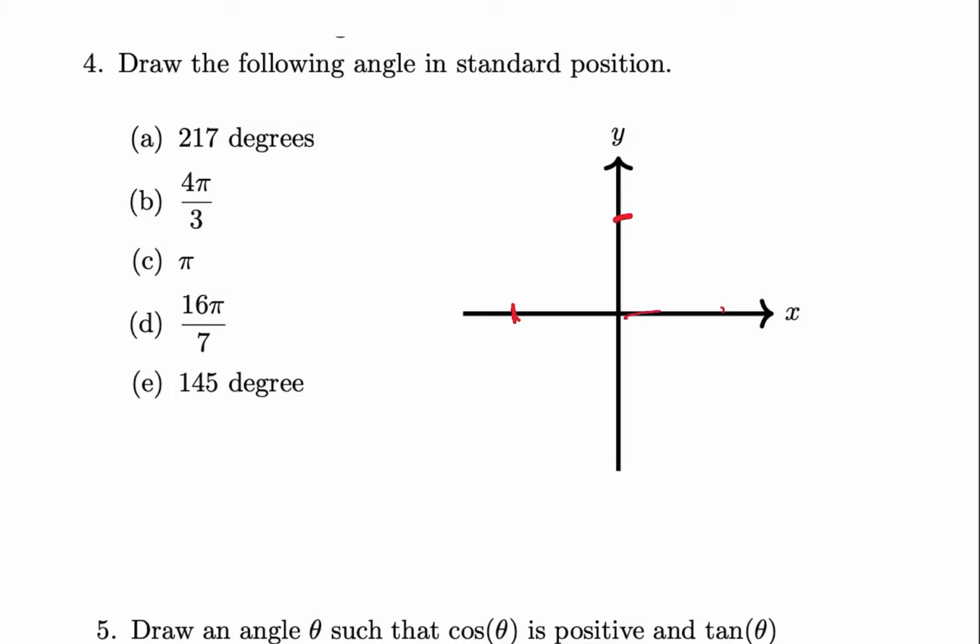So let's draw an initial ray. The initial ray all starts from here. So we have 180, and if I come all the way to here, this will be 270. The angle is in the third quadrant. Again, we're estimating, so maybe somewhere here. We can say this is 217. I'm going to just mark it A.